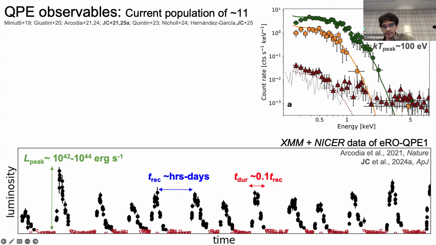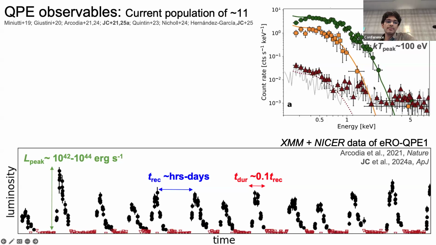You can see from this example light curve that there can be quite a lot of scatter in the burst arrival times, but there is still an underlying stable clock mediating the system. The duration of the bursts appears to scale with the recurrence time, such that the duty cycle of the bursts is about 10% in the sources that we know about.